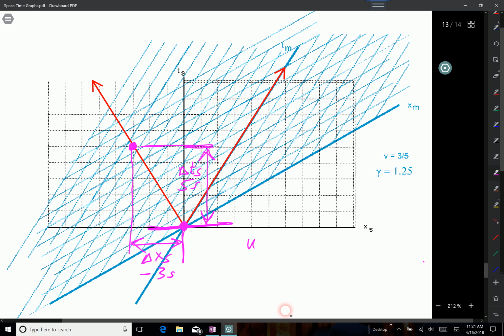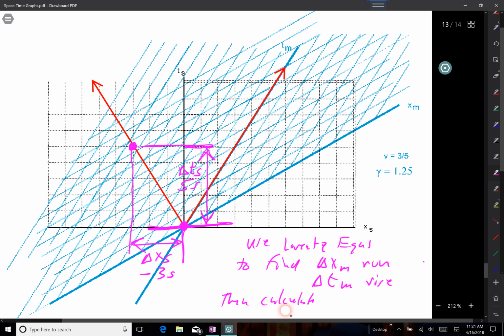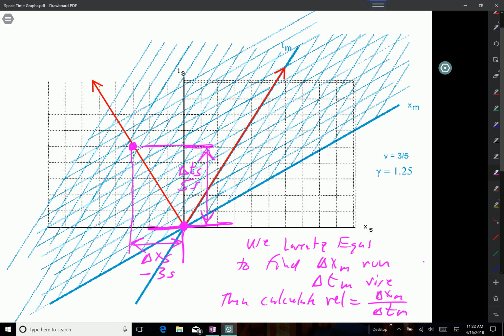So use the Lorentz equations to find delta xm, which is the run, and delta tm, which is the rise, then calculate velocity equals delta xm divided by delta tm, inverse slope, and that should give you that. So those are the setups for the homework problems. Hopefully that's helpful for you.